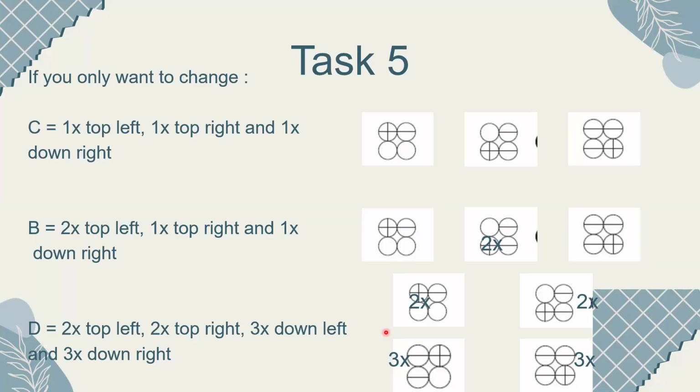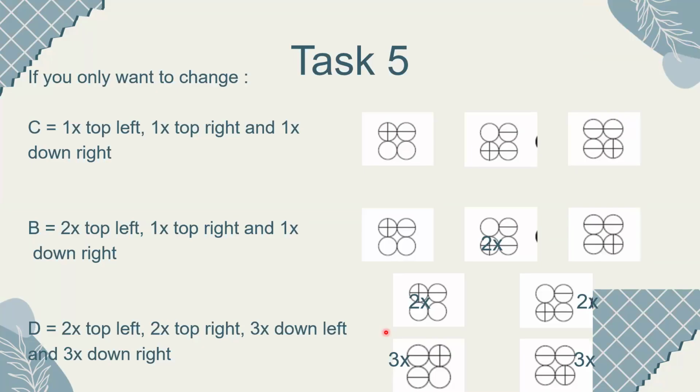For B, because it's +1 and -1 and the middle doesn't change, B doesn't change. D doesn't change either, +1 and -1. And for A it's -1 and +1, so overall it doesn't change.